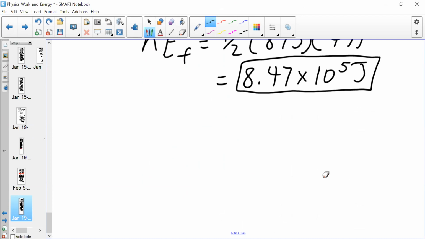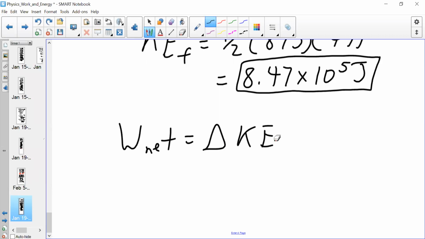And the work is just going to be the change in between the two. So we know from our principles that total work in terms of energy is change in kinetic energy, which is final kinetic energy minus initial kinetic energy. Well, we just subtract the two numbers. So it all fits.